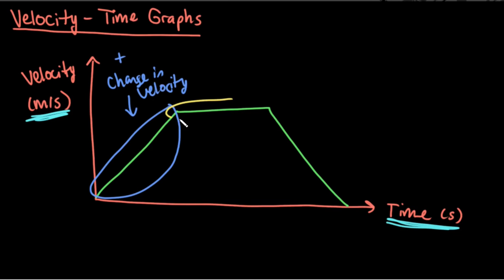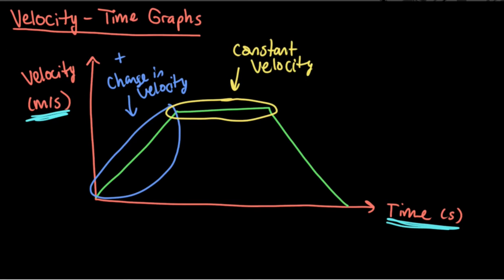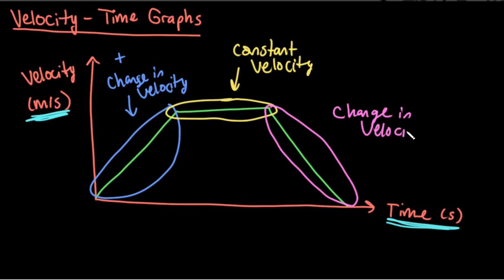If we were to take a look at this flat line right here, this is flat on a velocity time graph, meaning that this is constant velocity. Finally, if we look at this section right here, this decreasing one, we also have a change in velocity here. But because we are decreasing, it's a negative change in velocity.